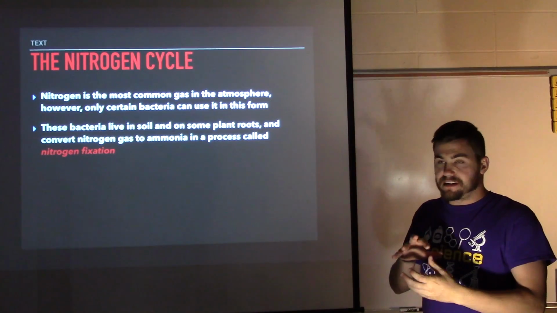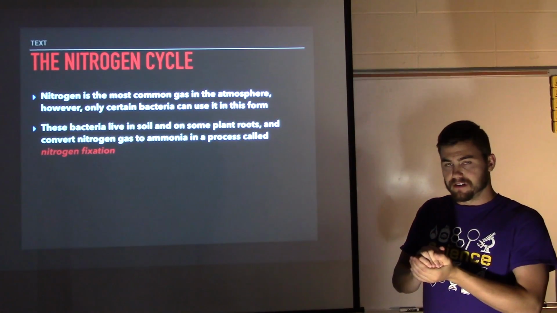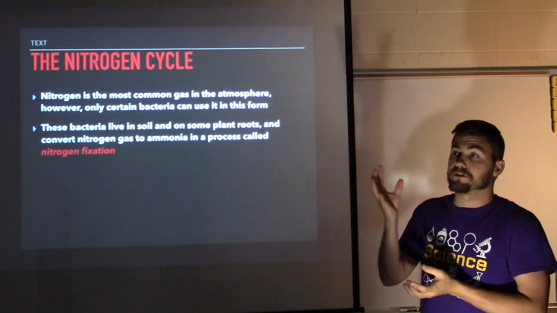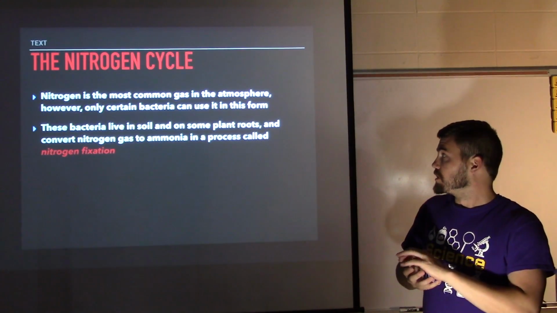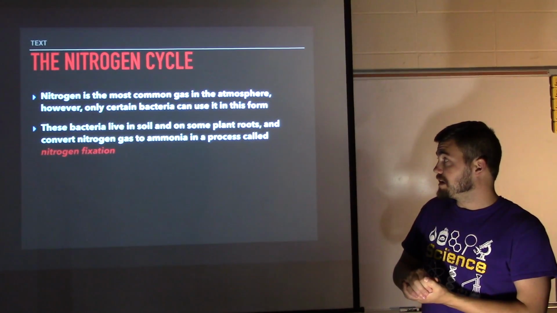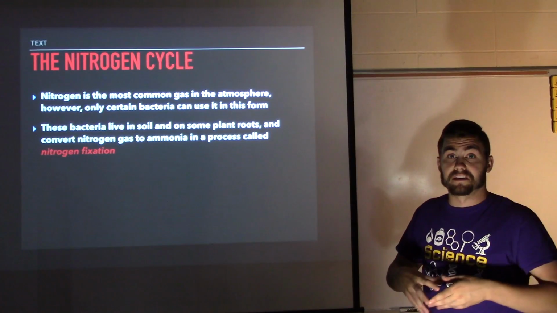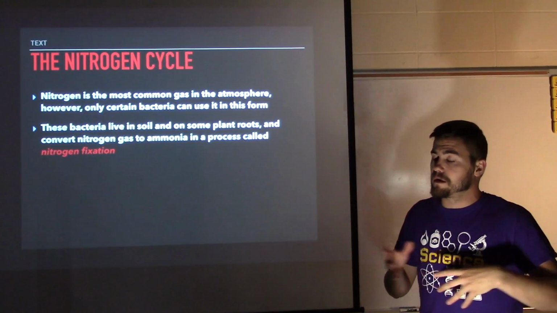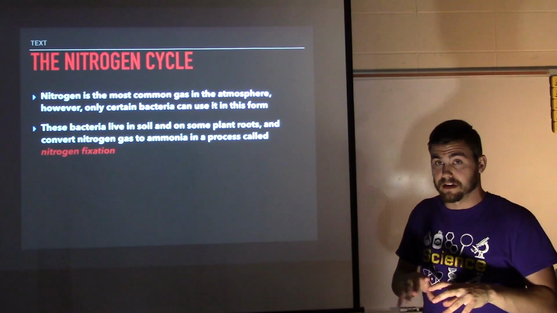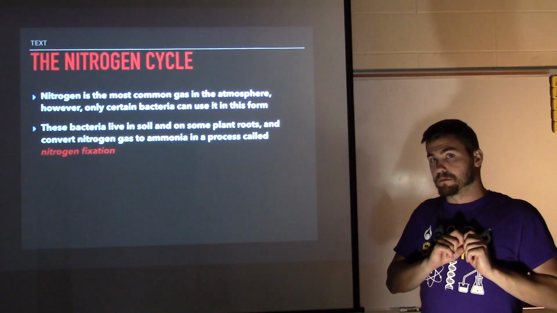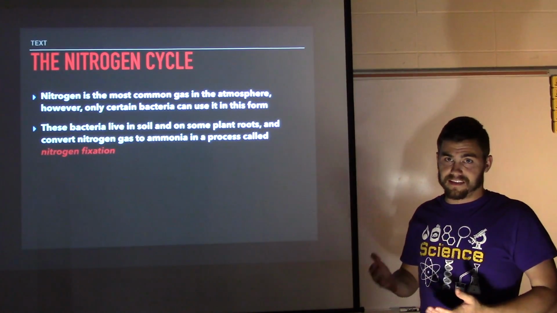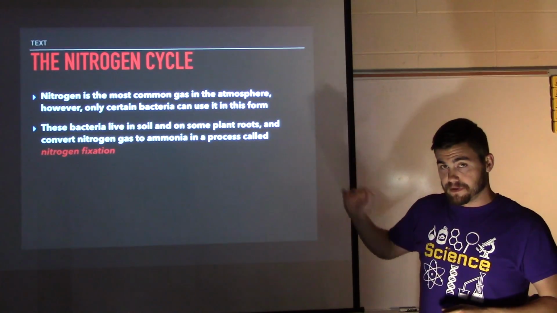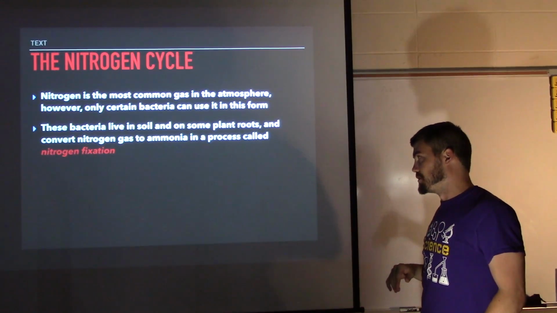The bacteria live inside the root of the plants, and the bacteria absorb the nitrogen, convert it into ammonia, and then the plants can absorb that ammonia. Well, it's technically a liquid, but the plants can then absorb that and use it. They can't use it as nitrogen, but they can as ammonia.